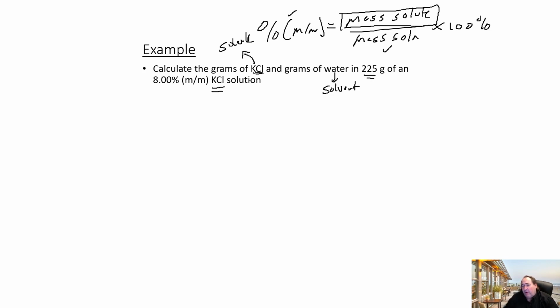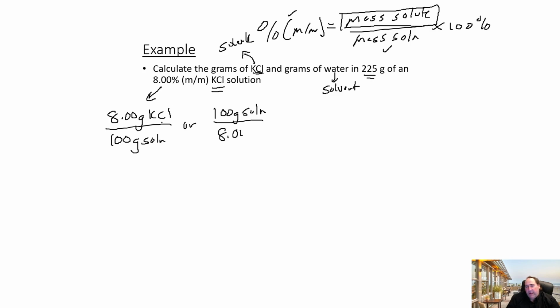I am again going to take more of a dimensional analysis approach rather than just plugging and chugging. So this 8% mass to mass means, once again, that I have basically 8 grams of KCl in 100 grams of solution. Once again, I can flip it around: 100 grams of solution has 8 grams of KCl.